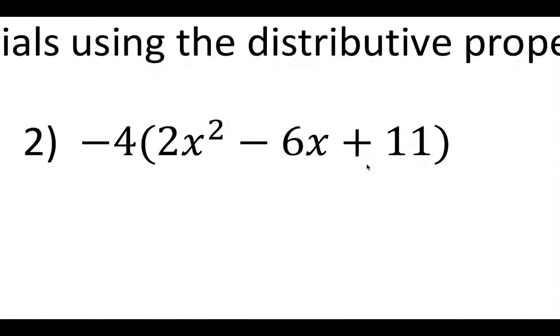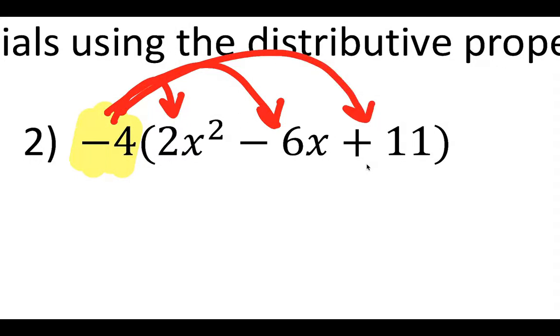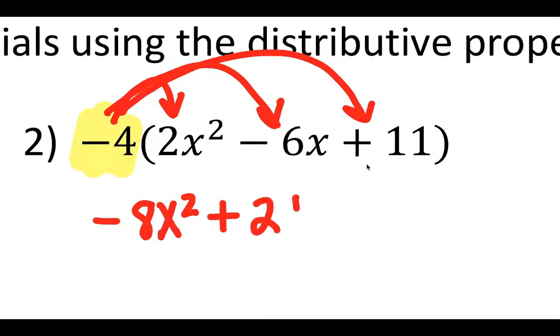Okay, next one. Again, take this negative 4 to every single thing inside of the parentheses. So I've got negative 4 times 2x squared is negative 8x squared. Negative 4 times negative 6x is a positive 24x. And negative 4 times positive 11 is negative 44.